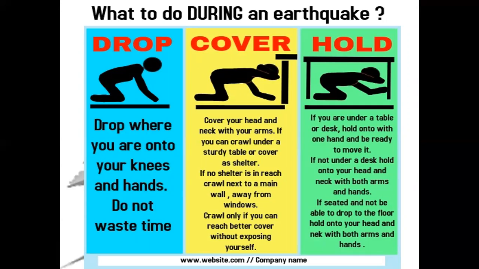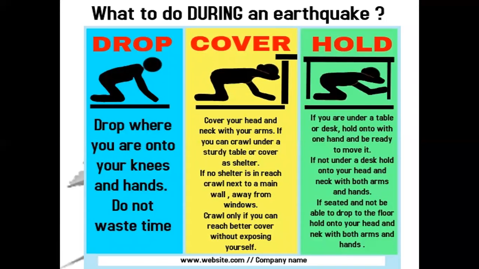Then you have to cover. The first thing that you have to cover is your head and neck. And you cover with your arms while you crawl, okay, until you find a sturdy place like a table or any other shelter that can cover you. If there's no shelter, well, you just stand or crawl next to a main wall.